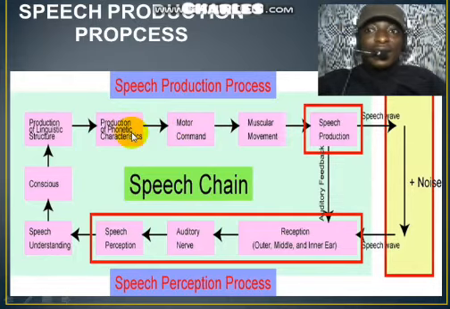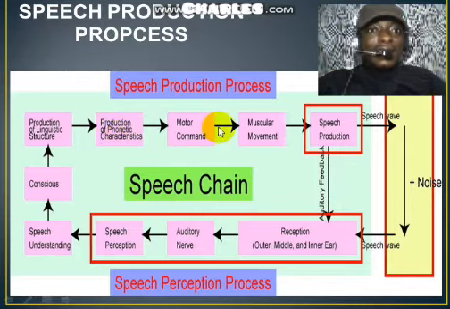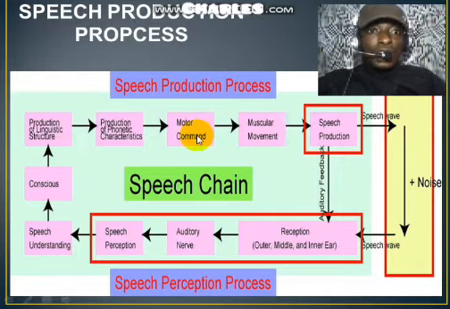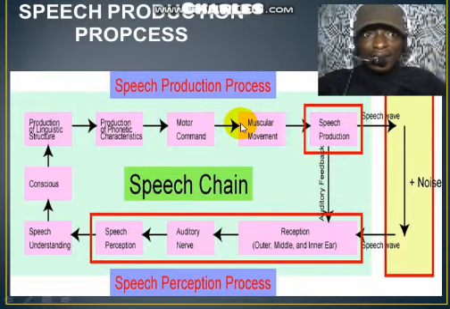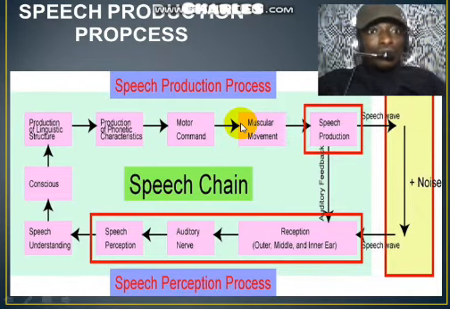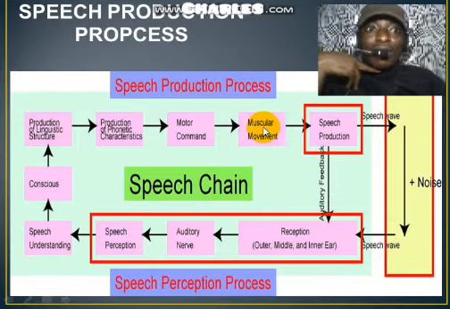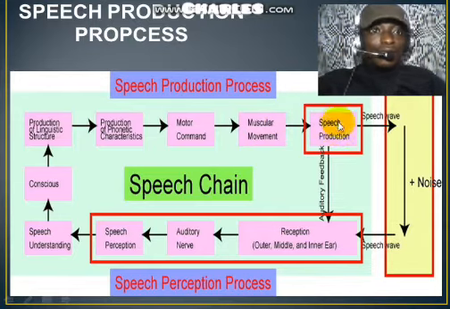These thoughts are generated in the form of linguistics and phonetics, and they are sent to the motor cortex. The motor cortex now produces motor commands for speech. These motor commands are sent by the motor tracts within the CNS to the lips and the tongue, causing them to move. So the muscular movements of the lips and the tongue actually produce the speech.